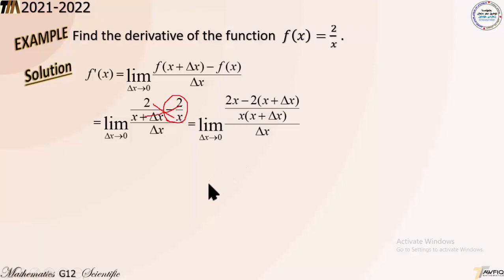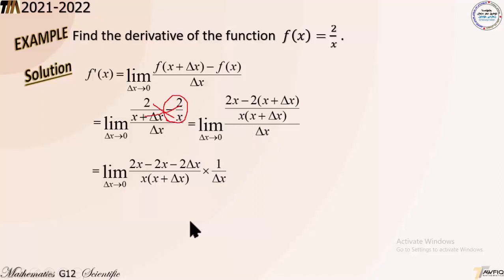Now simplifying this limit, it becomes the limit as delta x approaches 0. We write the numerator by opening the bracket: 2x minus 2 times x is 2x minus 2 delta x, and write the denominator as it is, x times x plus delta x, and take the delta x inverse, 1 over delta x.